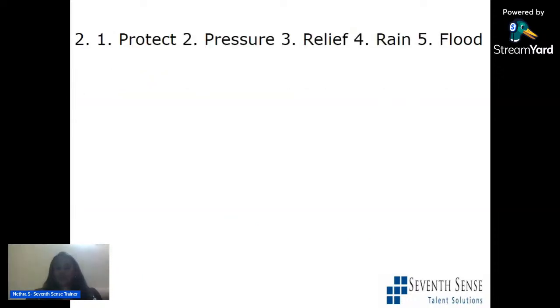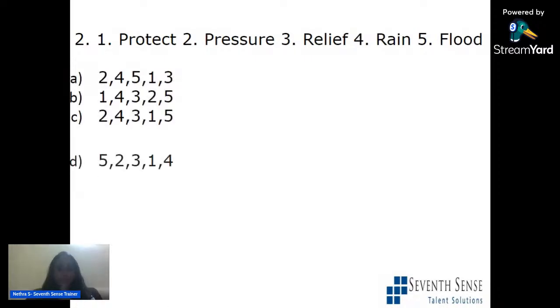You can see on the screen, the second question. The first word is protect, second is pressure, third is relief, fourth is rain, fifth is flood. These are the 5 words in the second question. Arrange them in the proper logical sequence. These are the options. What is the answer for the second one?